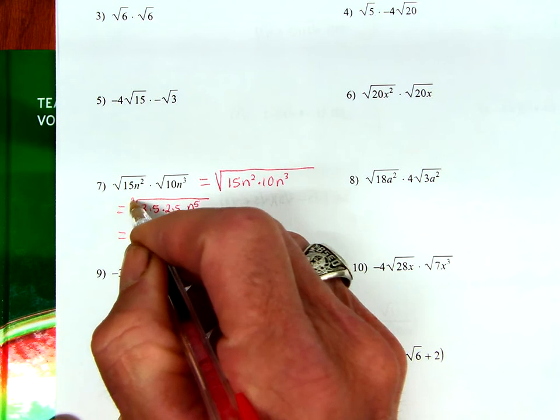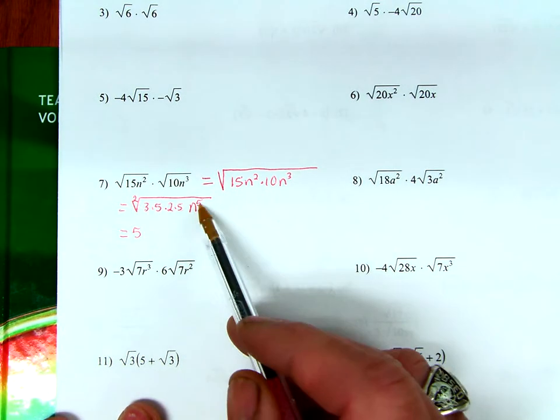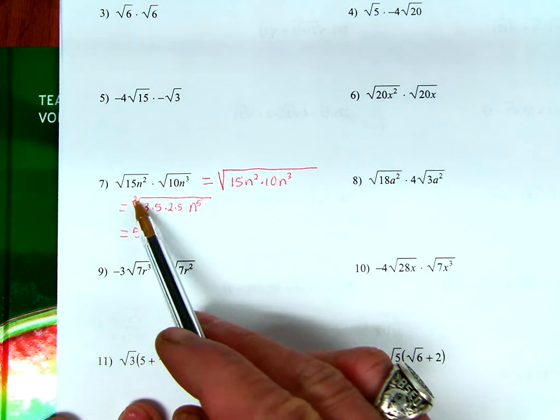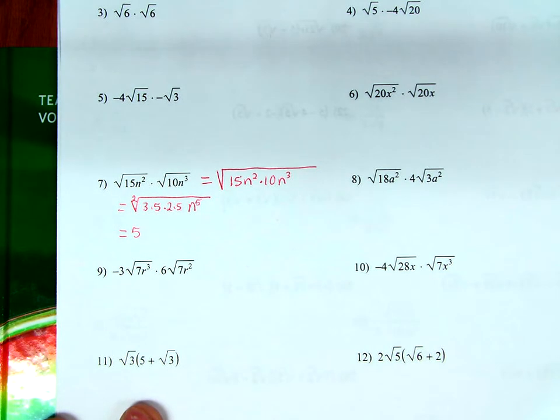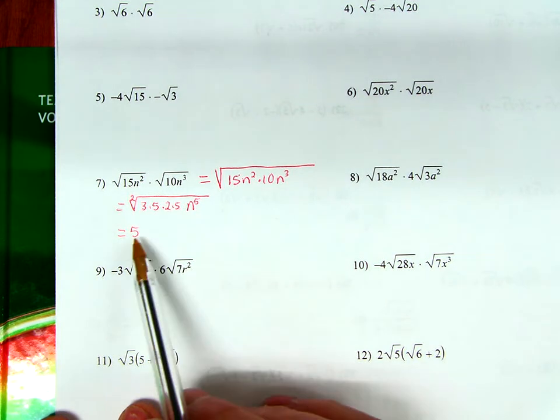This radical is a power of 2. If you divide this number by that power, 5 divided by 2 is 2 with 1 left over. So I have an n squared that's going to come out to the outside.